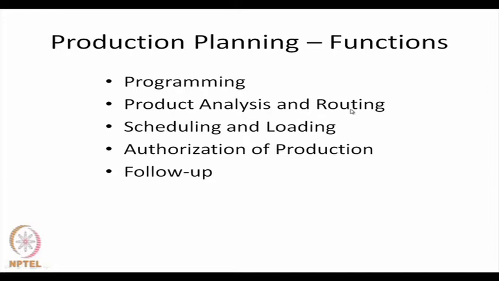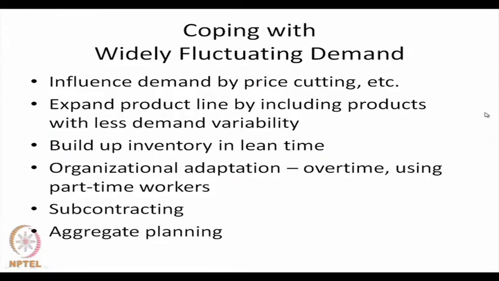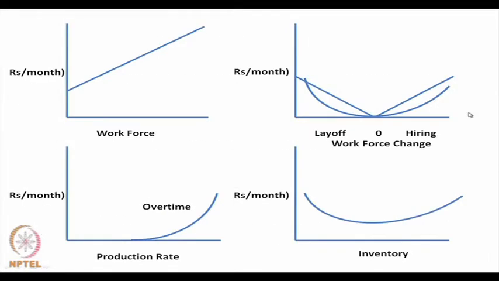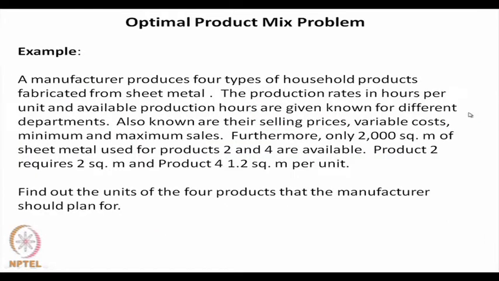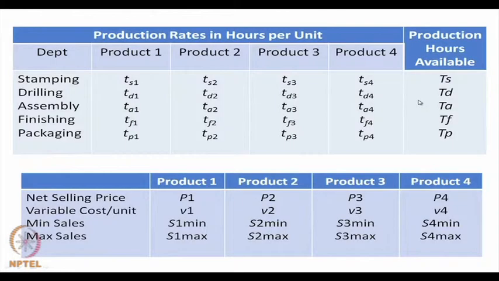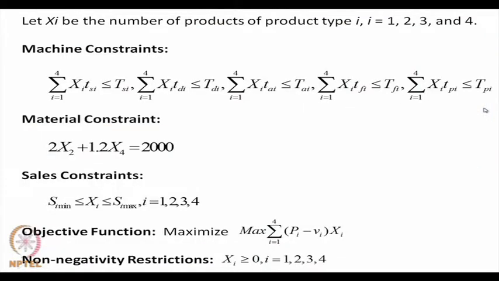In this, we principally discussed 2 charts. This is programming, aggregate planning we discussed. Then we talked about the product mix problem, where we said that one has to define first of all the decision variables xi, and the different constraints are to be expressed in the form of inequalities using xi.